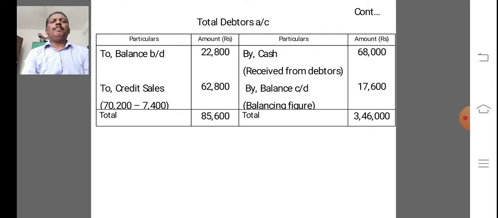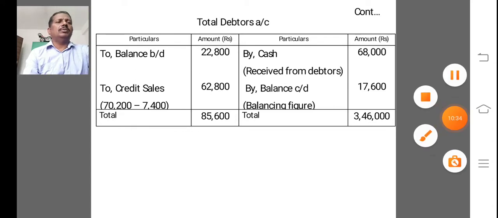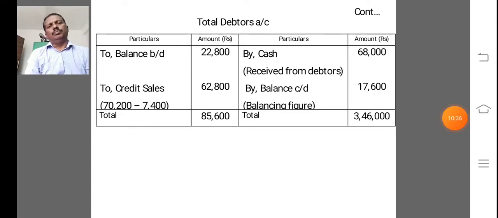So next we prepare total debtors account. To balance brought down 22,800.